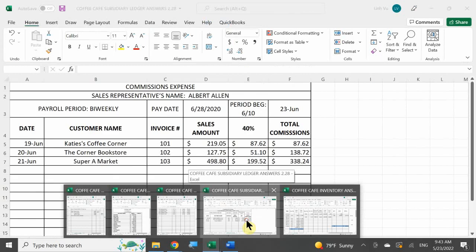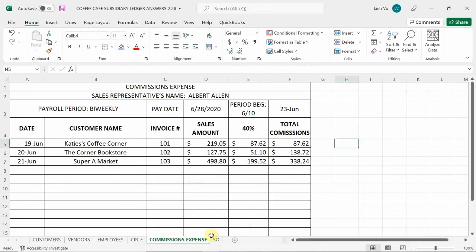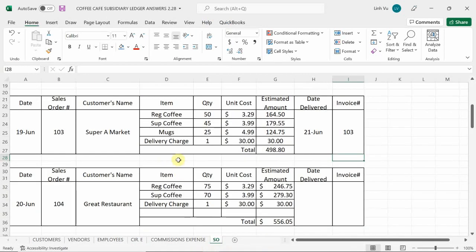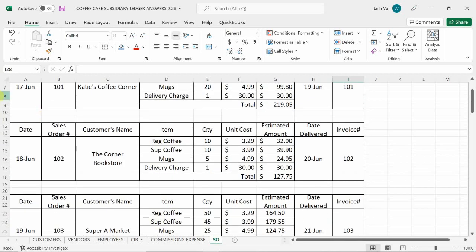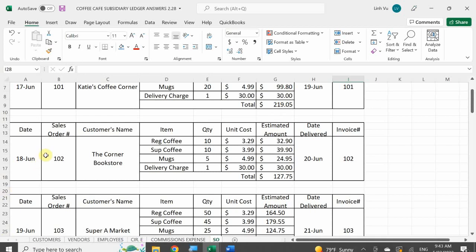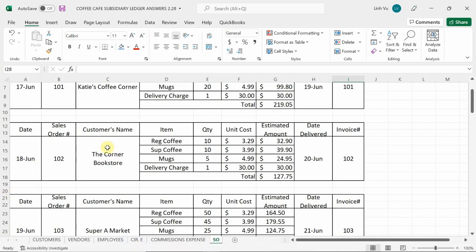So let's see. Sales order. Okay. So in this case, we are selling to the corner bookstore.